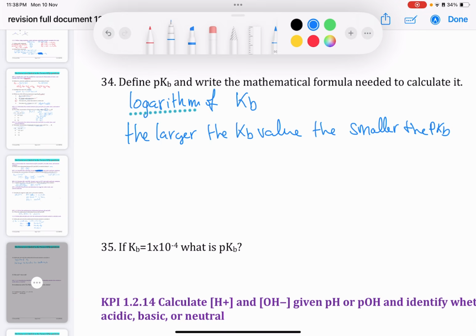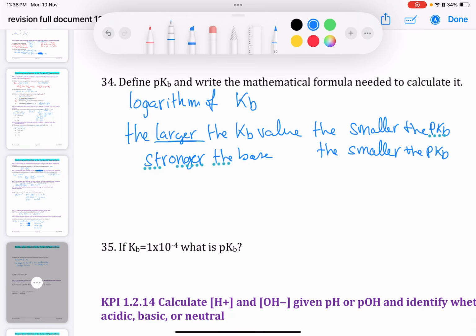What does that mean? The larger value of Kb means the stronger the base, and it will have a smaller pKb. So pKb is minus log Kb. You don't have to memorize these formulas because they are most of the time given in your formula sheet.